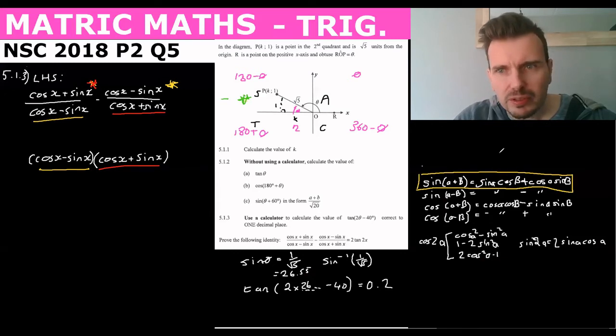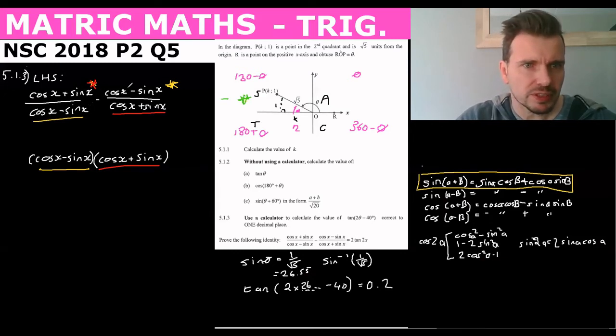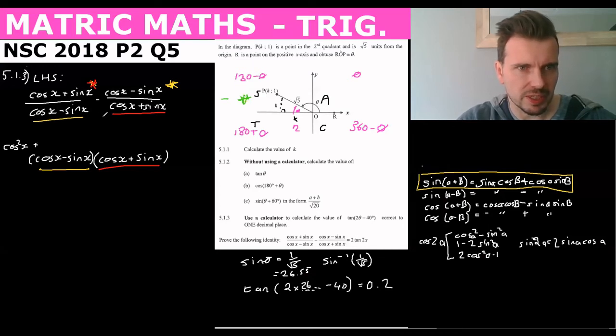Okay, so when we times this one by the red, we get cos squared x plus, and then the sine x times the sine x will be the sine squared x. And then cos x times sine x will be sine x, and sine x times cos x will be cos x. So we'll end up with plus 2 sine x cos x.